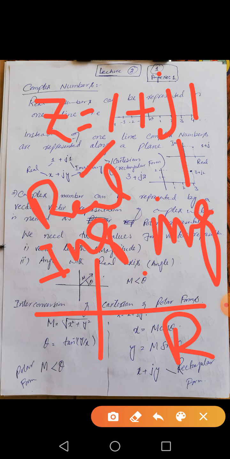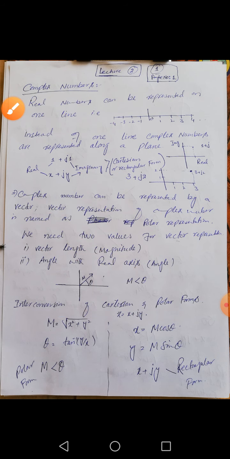Move 1 unit on the real axis and 1 unit on the imaginary axis. This is the number 1 plus j. This is how we represent a complex number in a plane.